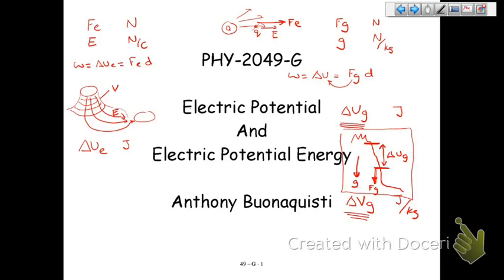And then let's take the number of joules, not per kilogram, but per coulomb. That would be in joules per coulomb, and that would be my change in electrical potential.